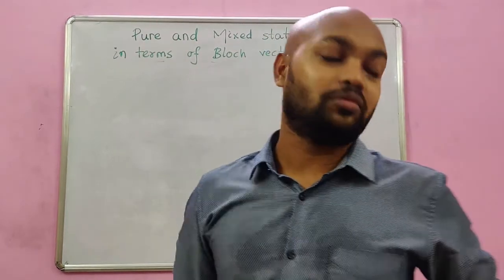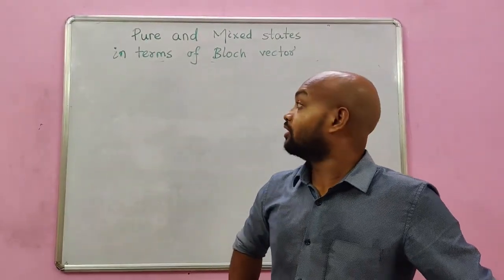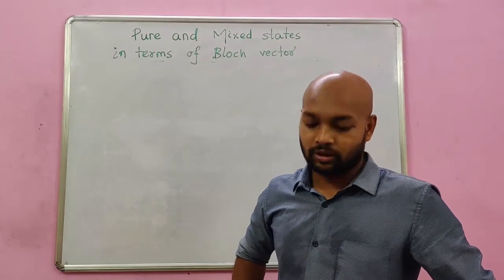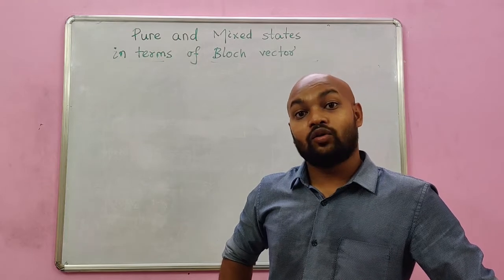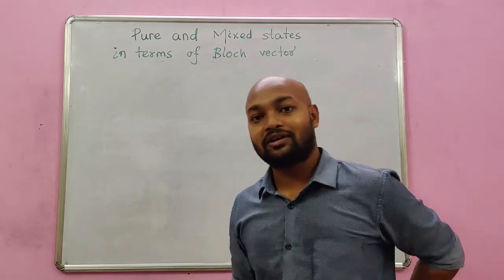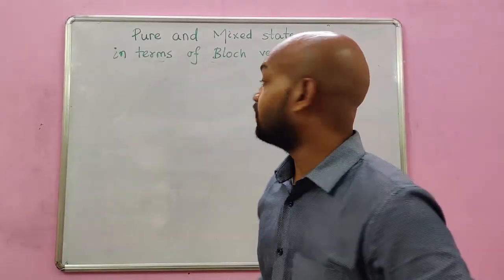Let's try to get an idea of the fact, which is quite well known, that on the Bloch sphere lie your pure states, and inside the Bloch sphere lie the mixed states. Let's see why.